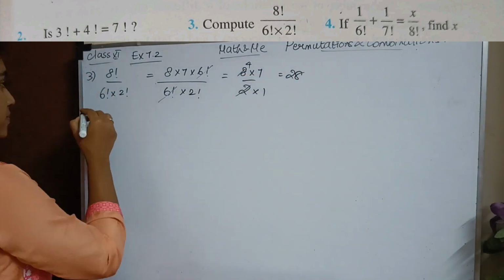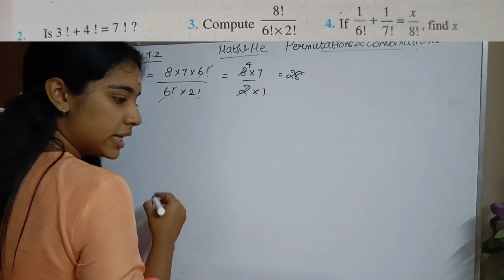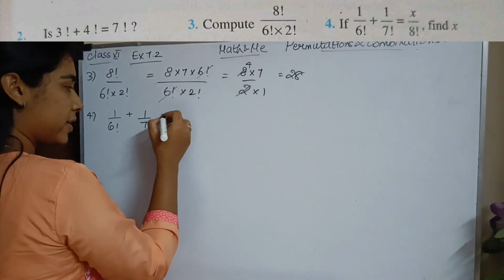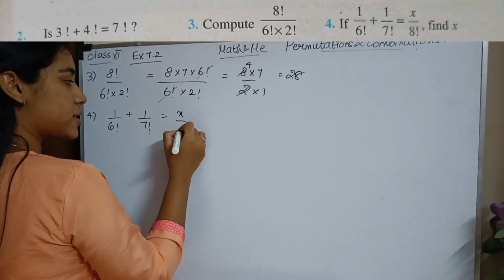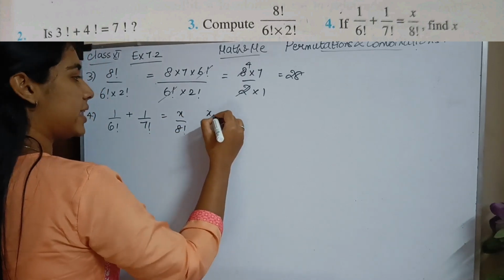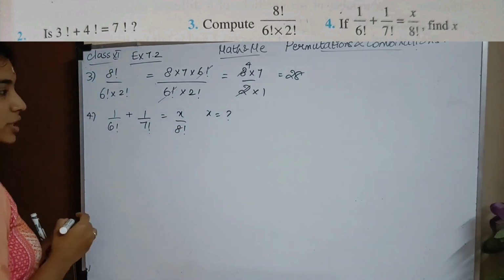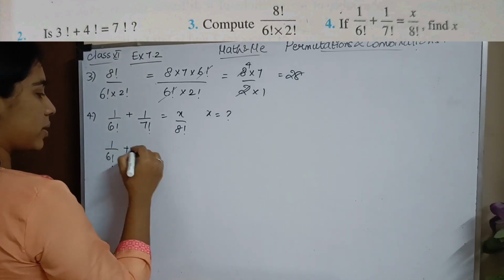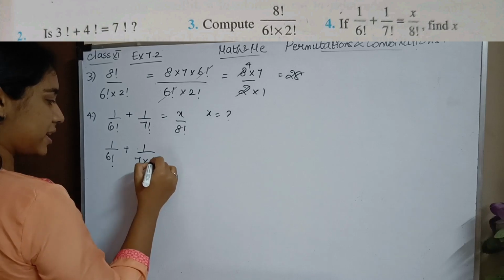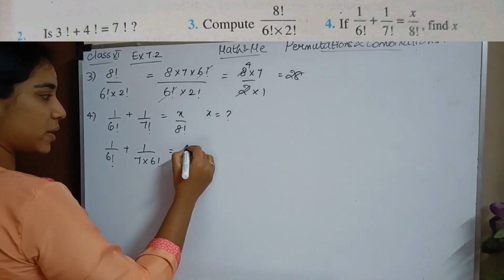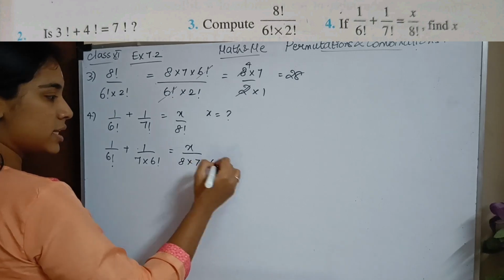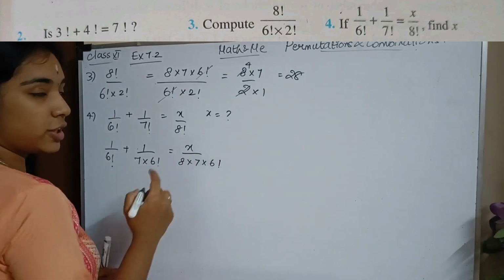Okay. Fourth question. If 1 by 6 factorial plus 1 by 7 factorial equals x by 8 factorial, find x. This is very similar to the example question. So 1 by 6 factorial plus 1 by 7 times 6 factorial equals x divided by 8 into 7 into 6 factorial.